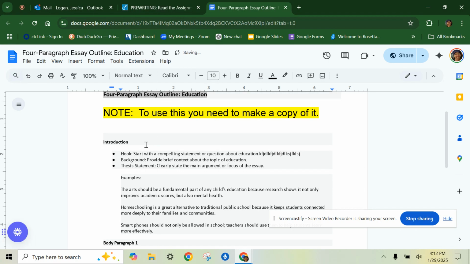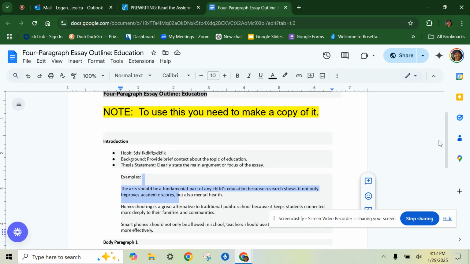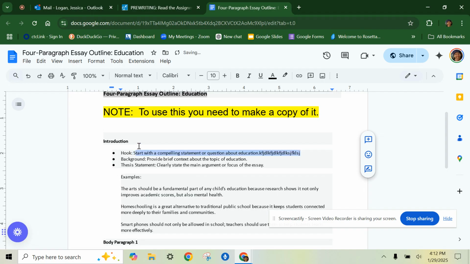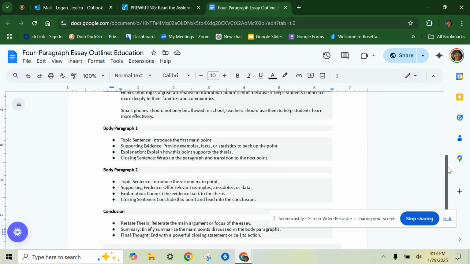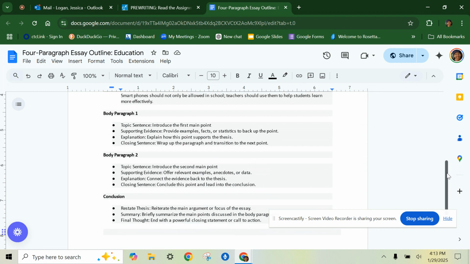You erase this information and you write yours in here. And here's some examples of thesis statements. So use this to help you. And please remember, do not write your complete essay here. You are only making notes about your ideas and how you will organize it.